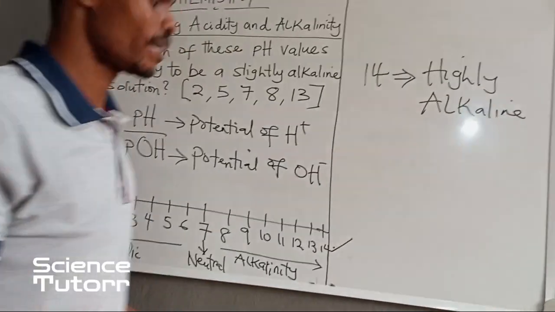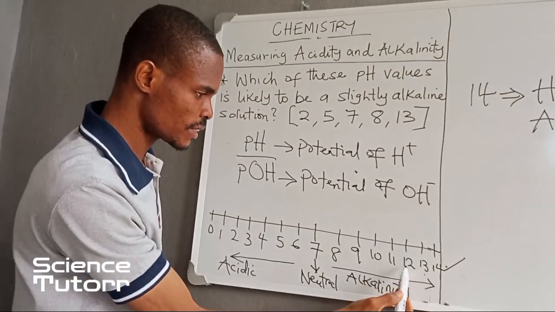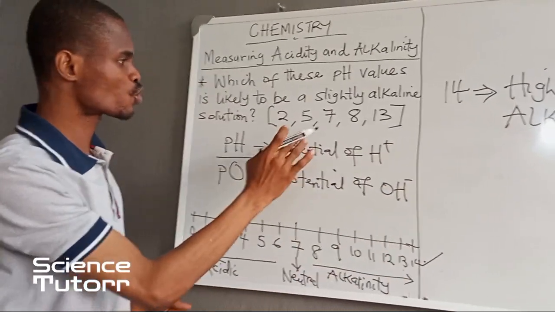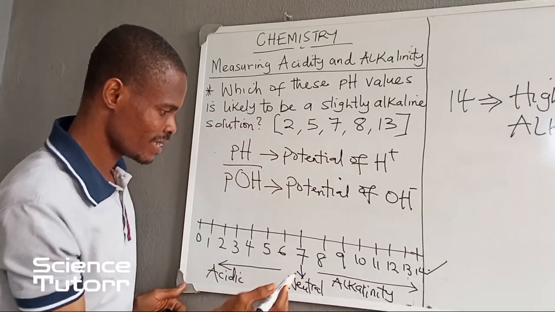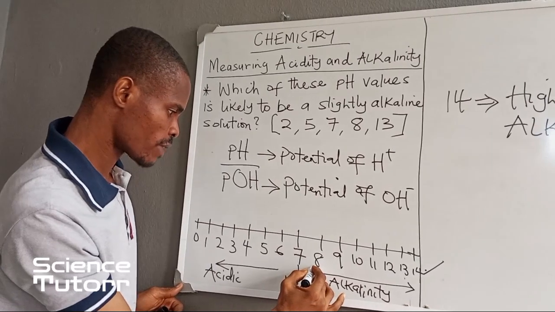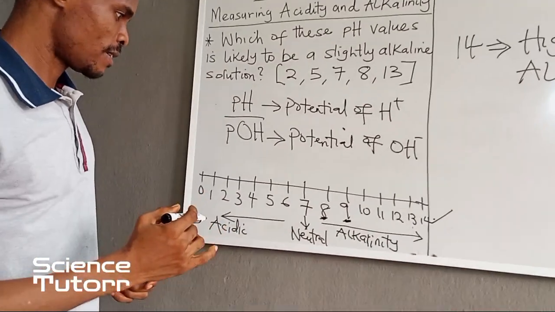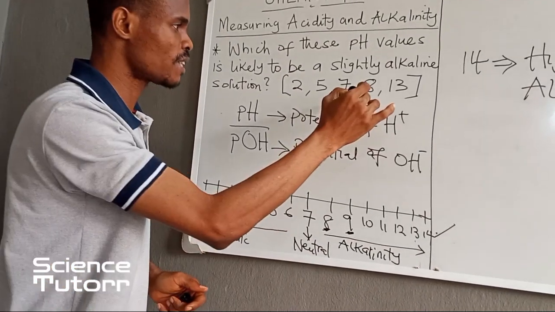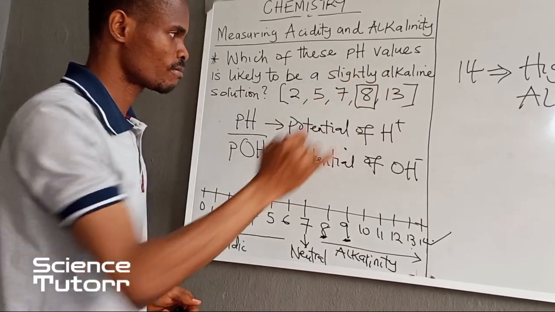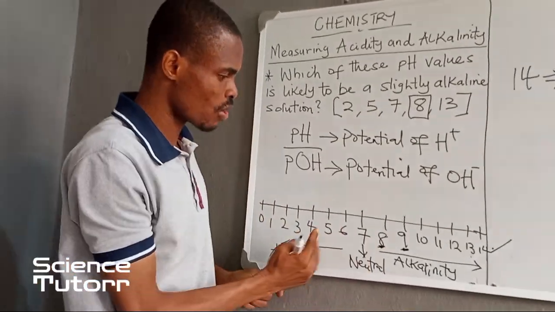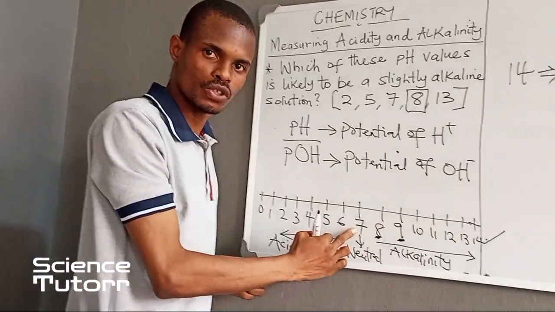That is very alkaline. 12, 13 will also be highly alkaline. Now, for slightly alkaline, it means it will fall around 8, 9. From the options, we can see that we have 8, so we go for 8. So we say 8 is slightly alkaline because it is slightly away from the neutral.